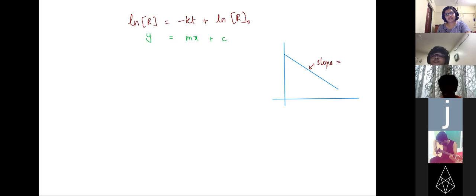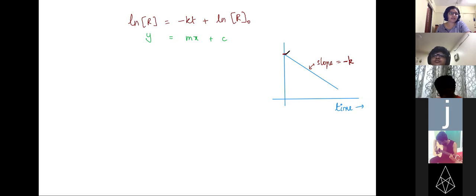Is it just K or is it something else? Minus K. Yes, the slope is going to be minus K. That's important because the minus represents that it is decreasing here. Then what will the y-intercept be equal to?